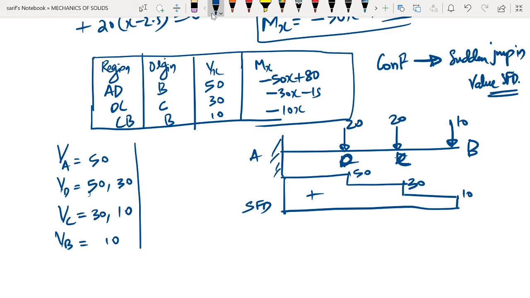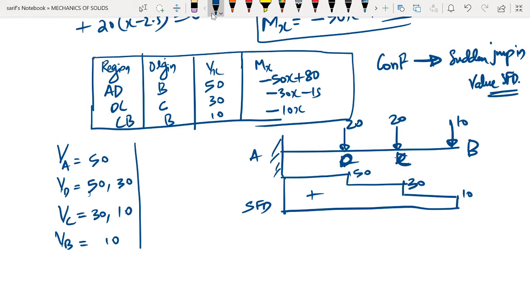However, when it comes to the bending moment diagram, we can see that all the expressions for bending moment are a function of x, and it is a linear function of x. Therefore it will have straight line variation, that is y is equal to mx plus c. Second thing is, since it is a function of x, the origin becomes important here. Okay, so the origin is important.